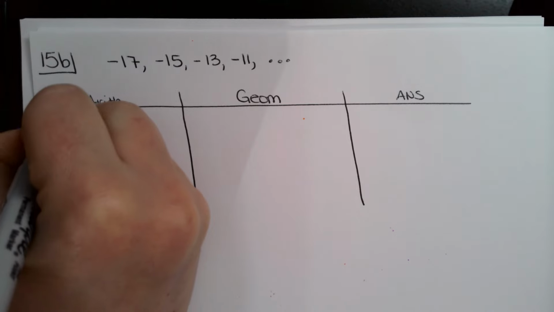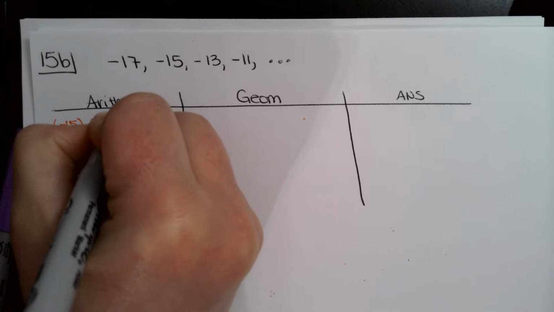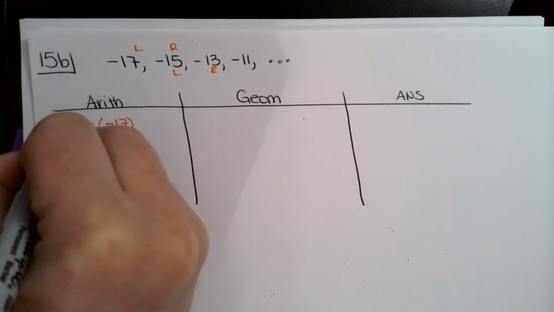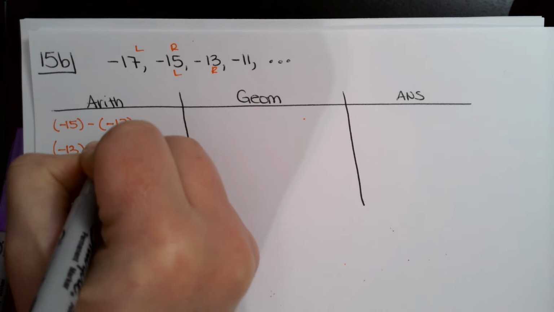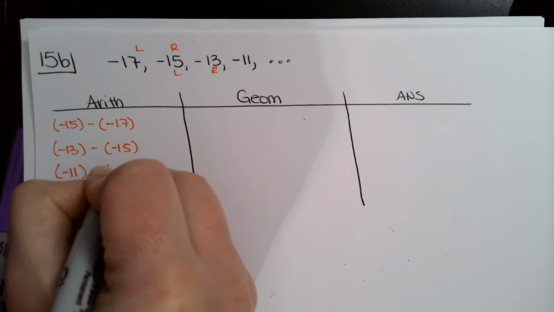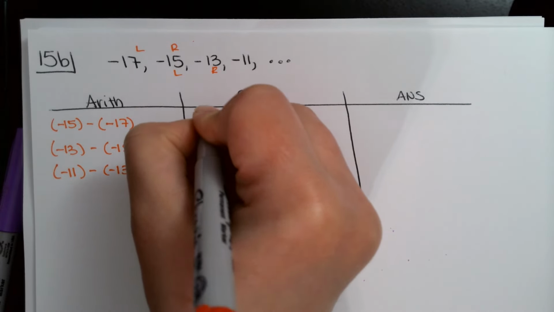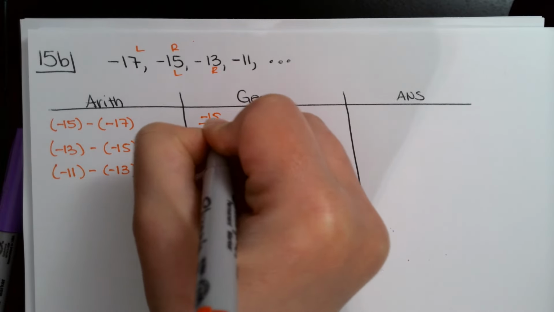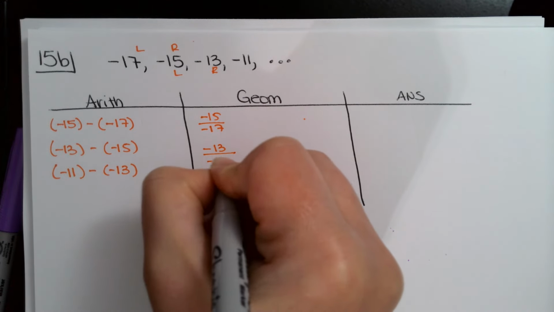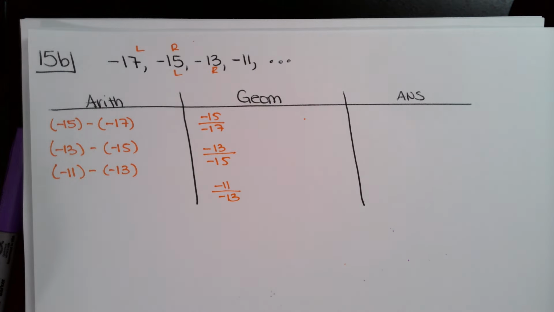So the right is -15 minus left. The right minus left, so -13 minus -15. And lastly, -11 minus -13. We're going to be dividing, so -15 divided by -17, -13 divided by -15, and -11 divided by -13.